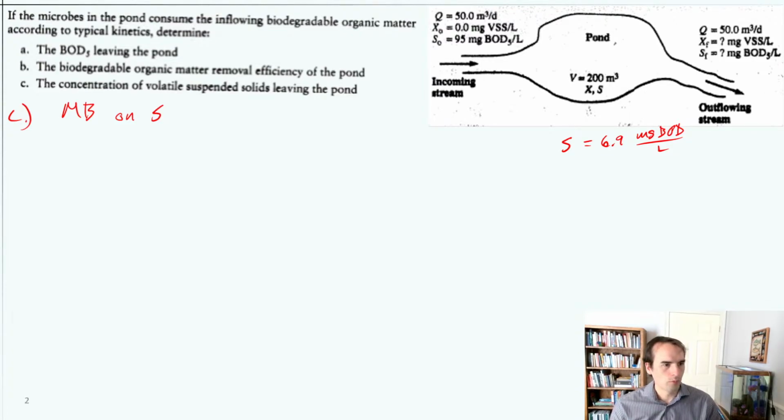Okay, so this time we will say that we have 0 equals Q times S naught, that's our initial substrate concentration, minus what's going out, QS, plus a term that is our substrate utilization rate, which is V times RSU.